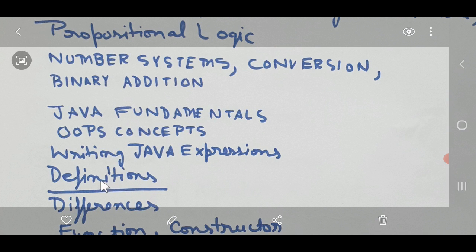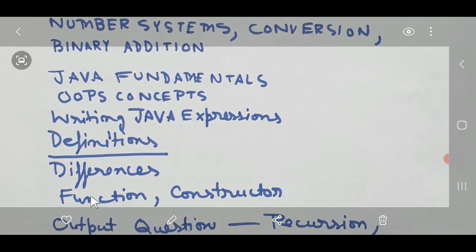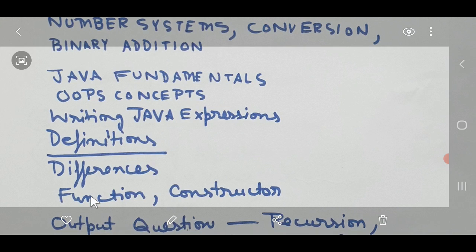Different definitions and different differences, like break and continue, and a method, constructor, then binary search, linear search, bubble sort, selection sort, meaning conceptual differences. Many concepts you are already aware of, so those differences you can do normally. You can explain things in your own words. You don't have to be specific, but it must make some sense.